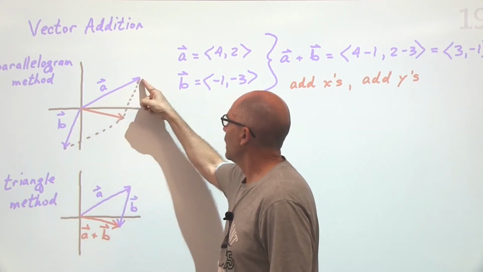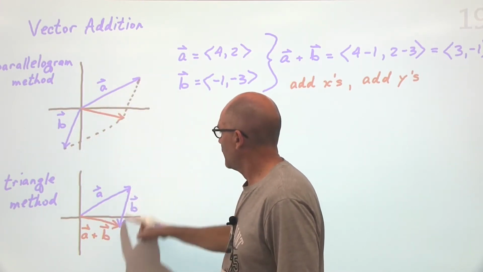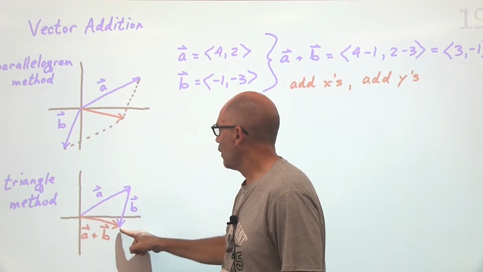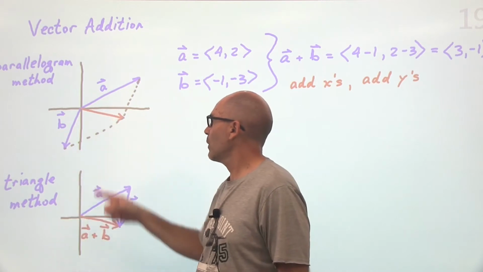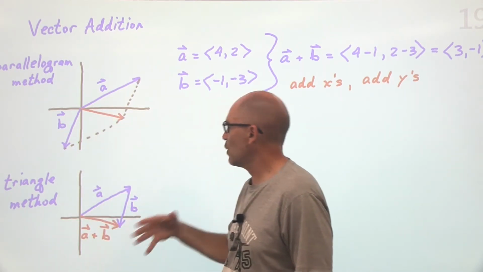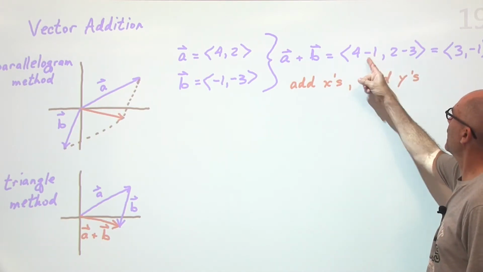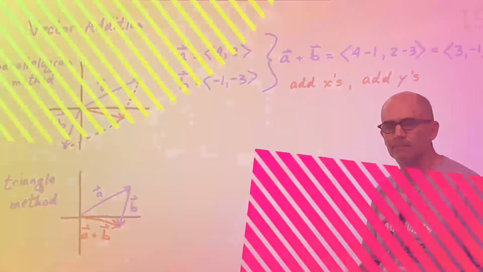Well, I just go vector A. Now I'm going to take vector B and put it right here. So it's here. Now the sum of the vectors is just where my second vector ends up. So you can do the parallelogram method or the triangle method to show it geometrically. But algebraically, it's really simple. Just add your x's, add your y's, and bam, you have the sum of the vectors.